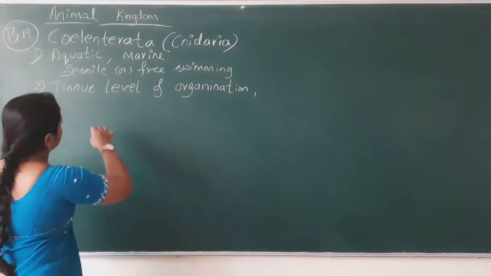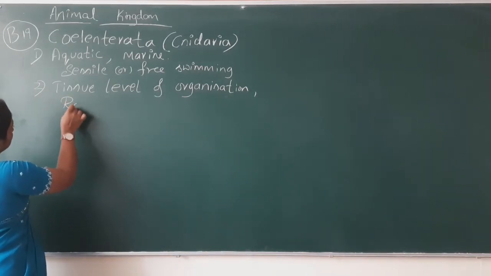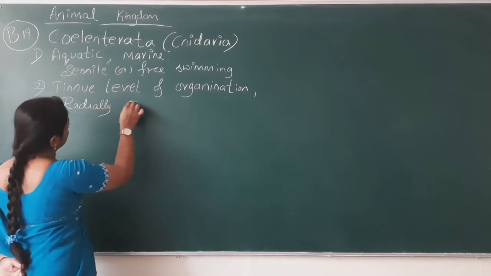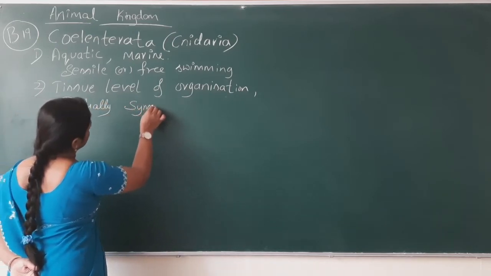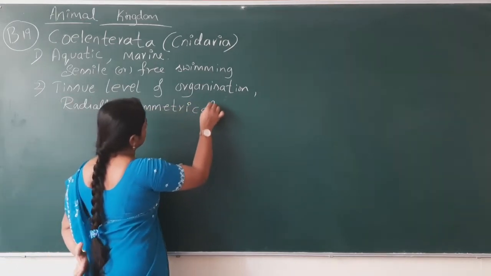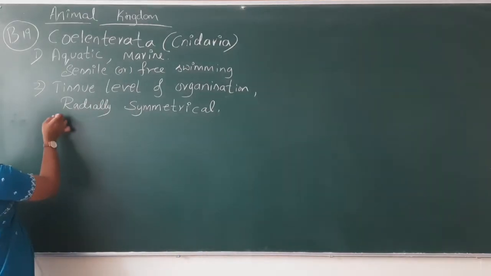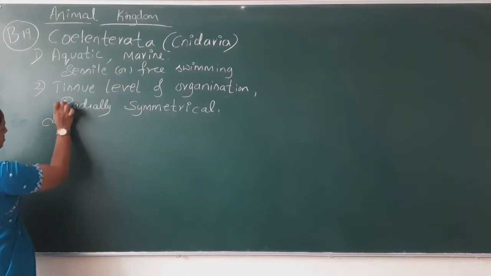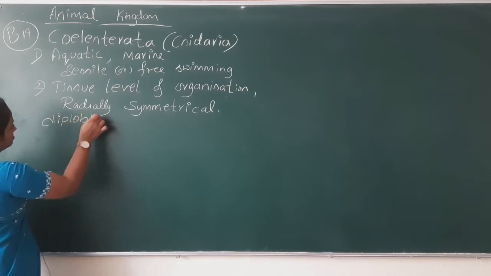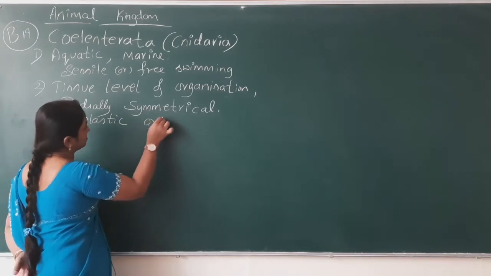The body is radially symmetrical, and at the embryonic stage they are known to be diploblastic organisms.